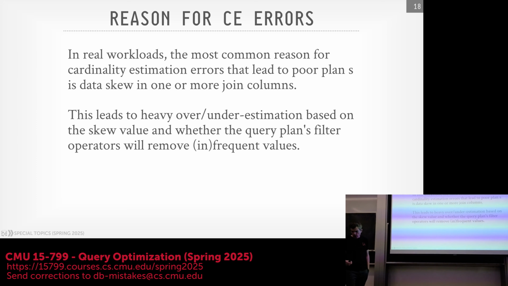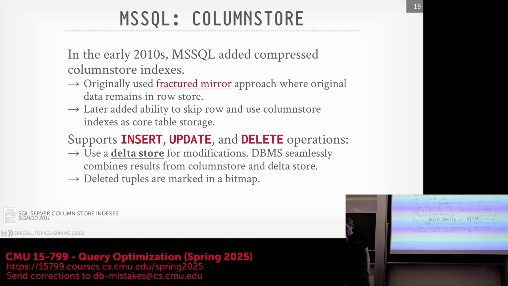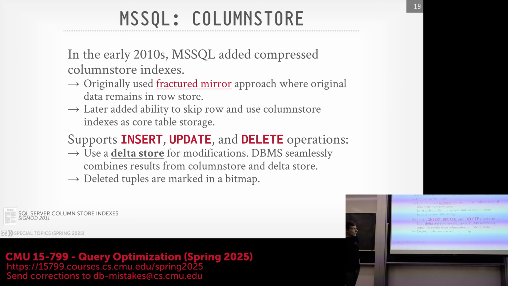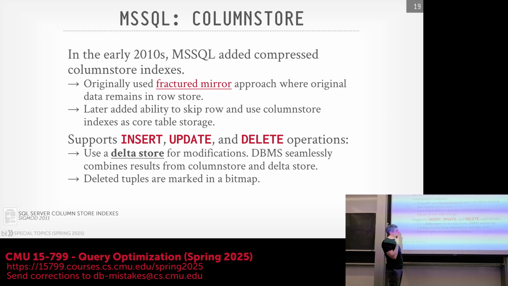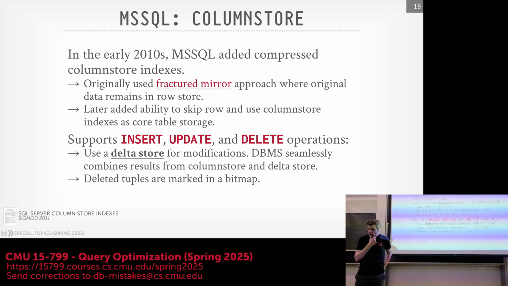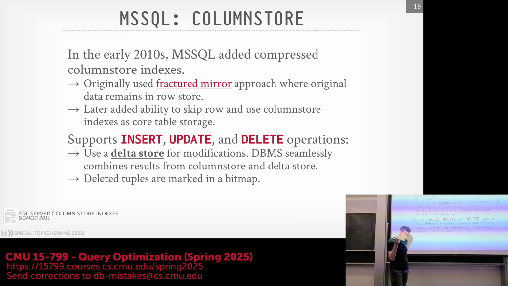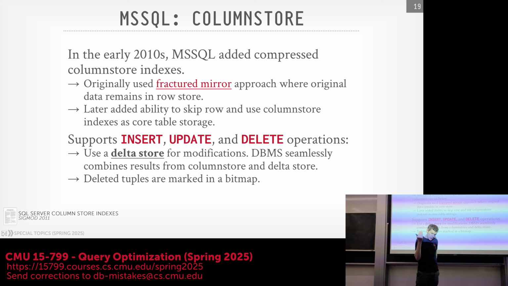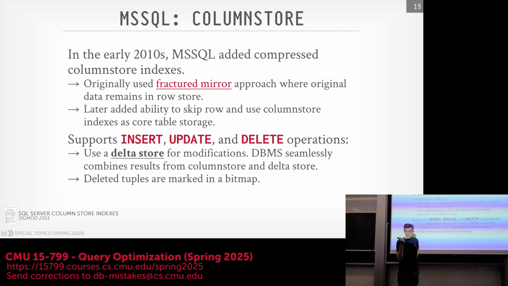All right, before I talk about the Columnstore evaluation, I want to briefly mention what the SQL Server Columnstore extension is, although it's not really an extension because it's built in, and what its capabilities are. If you remember your database history, column stores became a big thing in the mid to late 2000s, 2007, 2008.